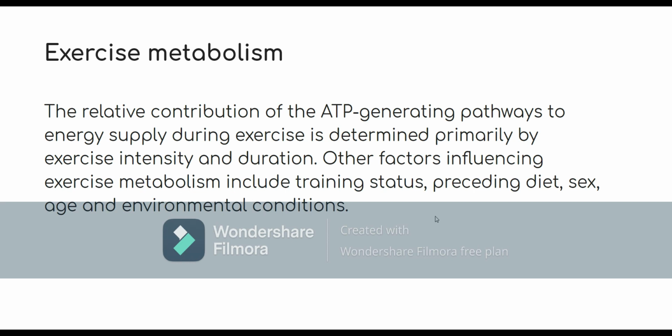Generally, in biochemistry, three energy system productions are distinguished. The first one is aerobic, the second one is anaerobic lactic, and the third one is anaerobic alactic.